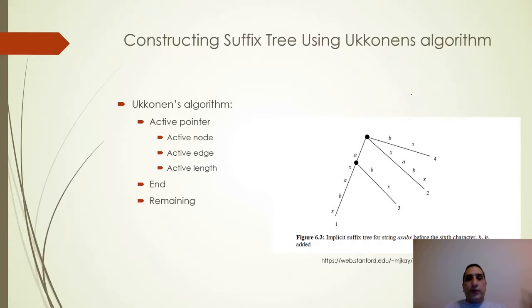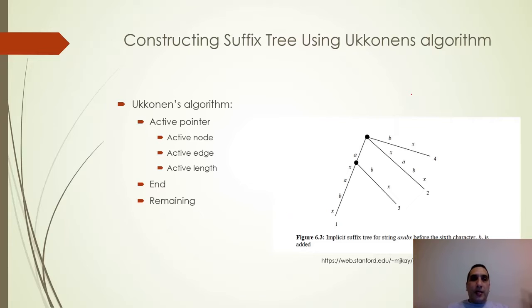All right, so moving to Ukkonen's algorithm. The very first thing that I'm going to talk about here is the active pointer, which is something that books and articles usually don't start with, but there is a reason why I wanted to bring this up before anything else.